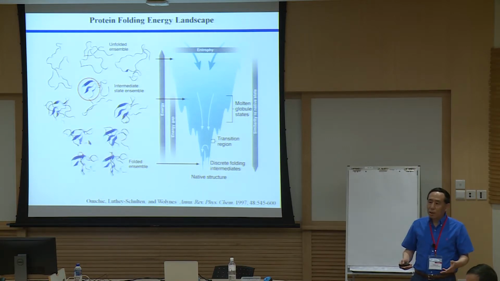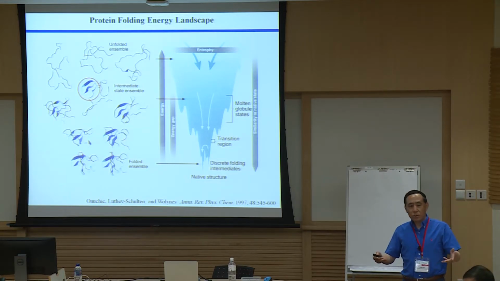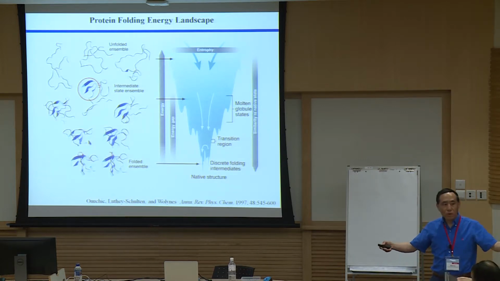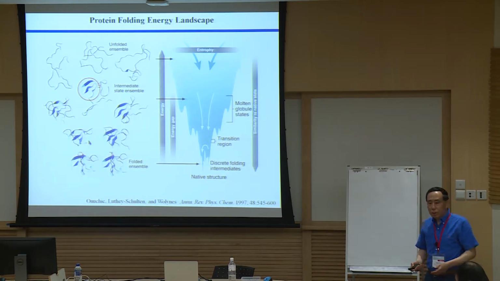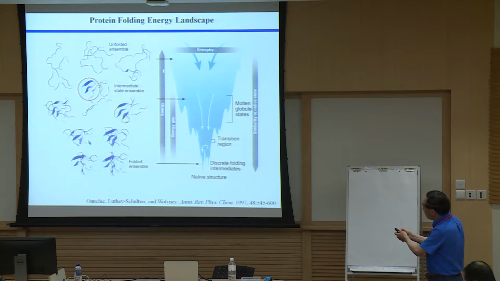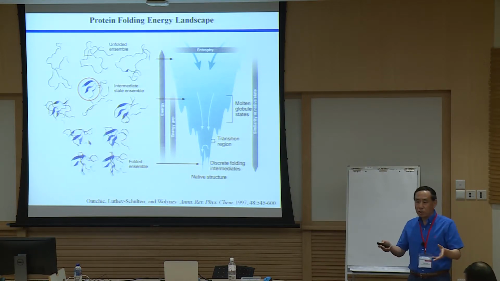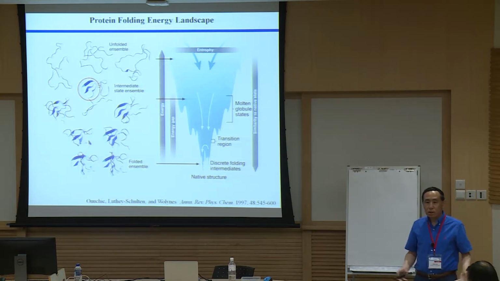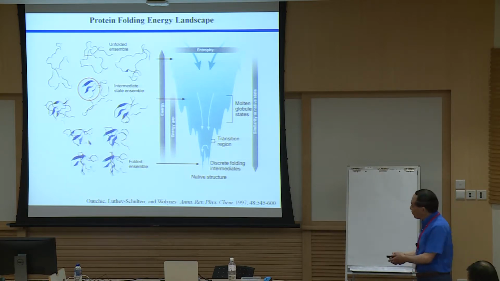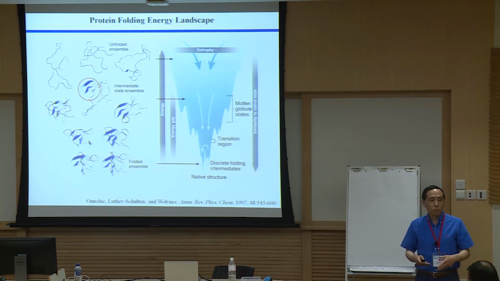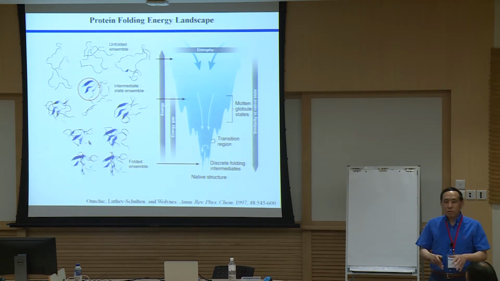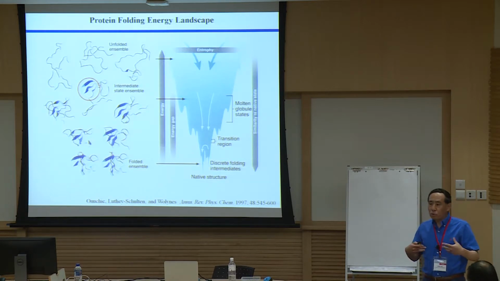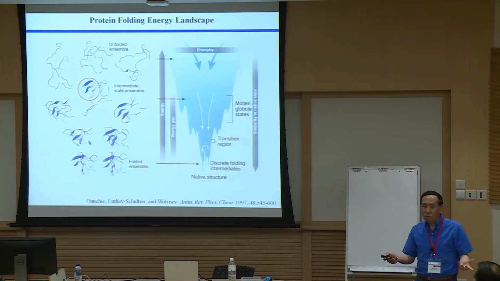In order to understand the dynamics, the picture would be that you have an ensemble of unfolded proteins, which come down or diffuse along a multidimensional energy surface due to this energetic bias. After some time, they come down to one of the wells, which we call a native state, or a state that can deliver function.